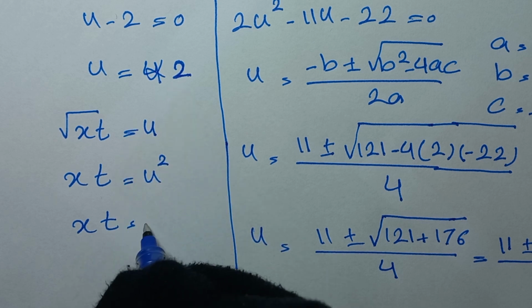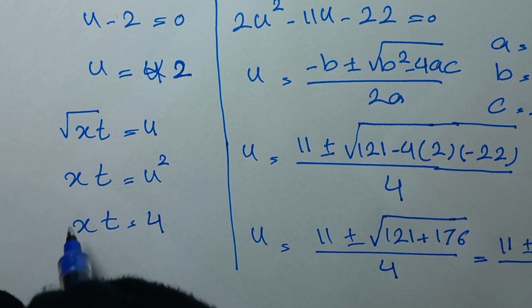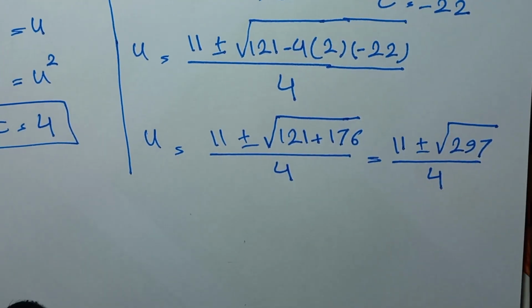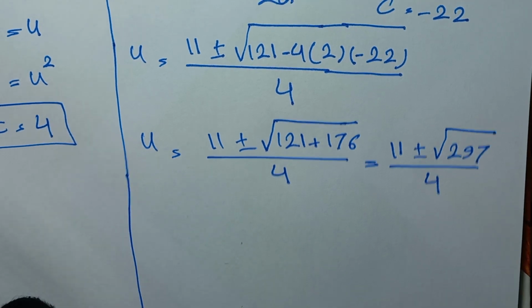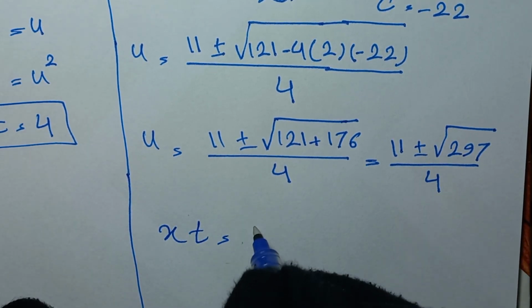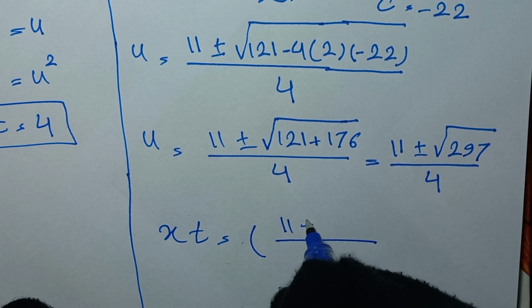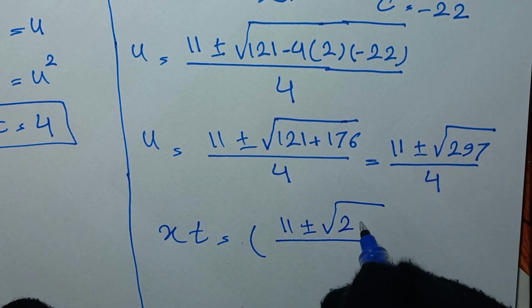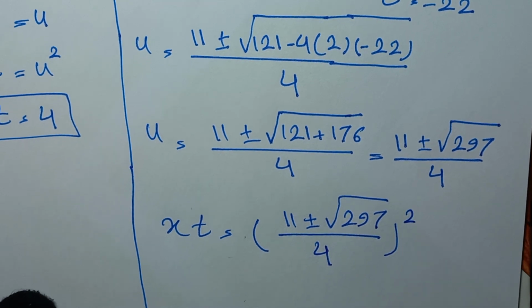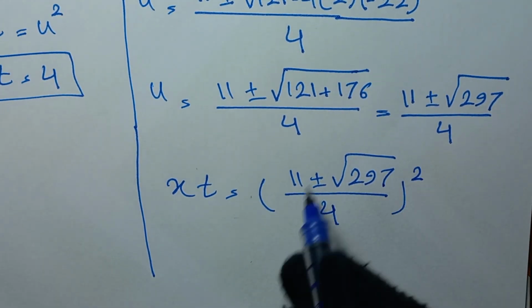So u squared it will be 4, right? So in here we have xt, and from here xt is u squared, so this to the power of 2: 11 plus or minus square root of 297 over 4, to the power of 2. And this is an irrational number.